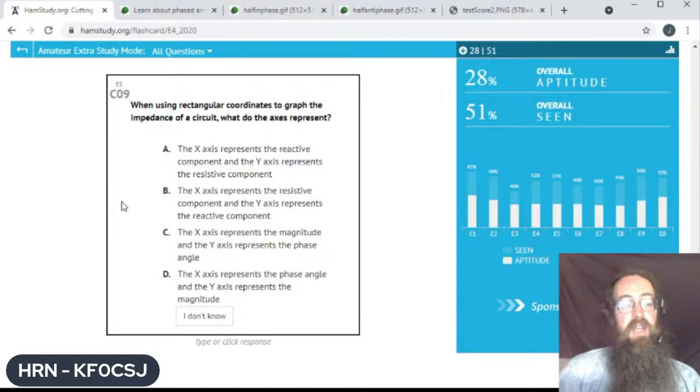B, x-axis represents the resistive component and the y-axis represents the reactive component. C, x-axis represents the magnitude and the y-axis represents the phase angle. D, the x-axis represents the phase angle and the y-axis represents the magnitude.